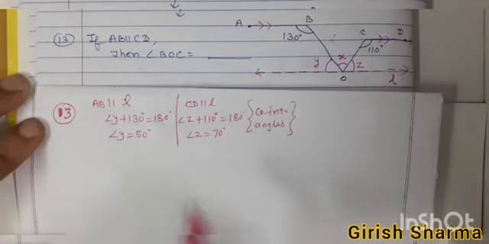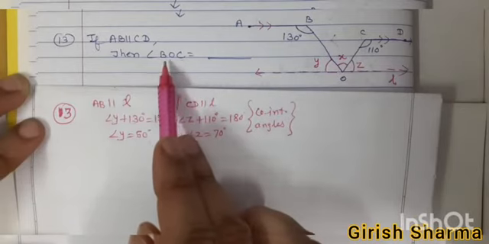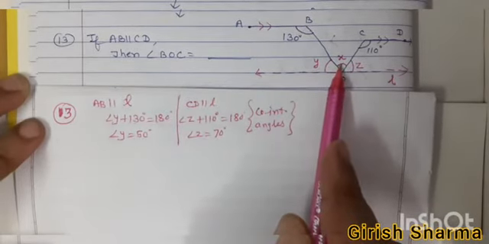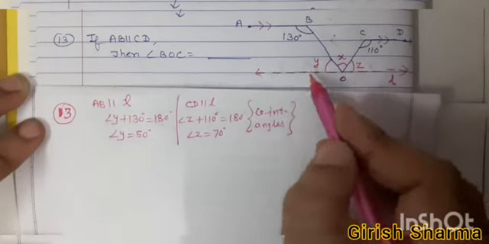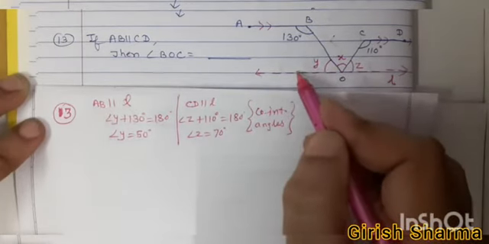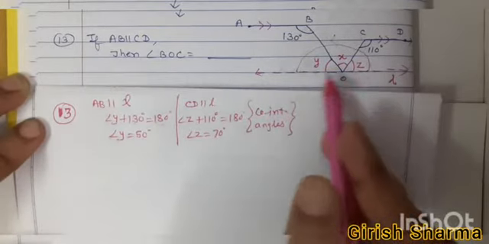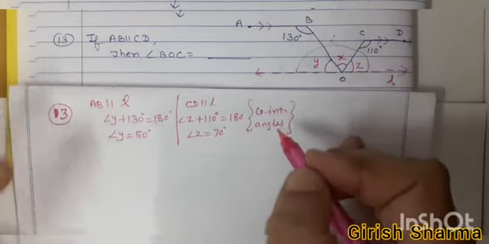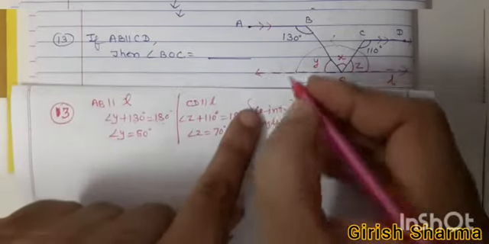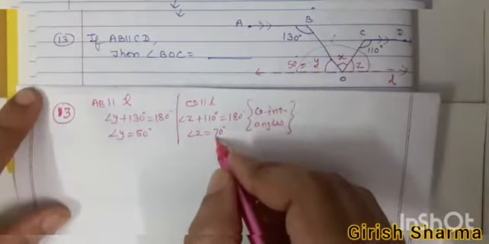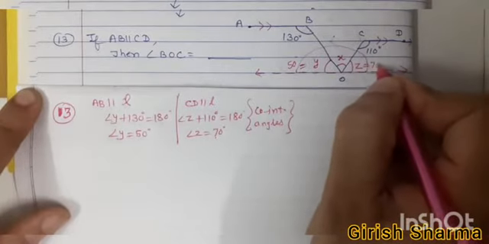Okay. But what do you have to find? You have to find angle BOC. And what is angle BOC? This is X. And actually you see this is a line, and this is what? Angle at a straight line. What is the meaning? What is angle Y? It was 50 degrees here, which we got. What is angle Z? We got it 70 degrees.